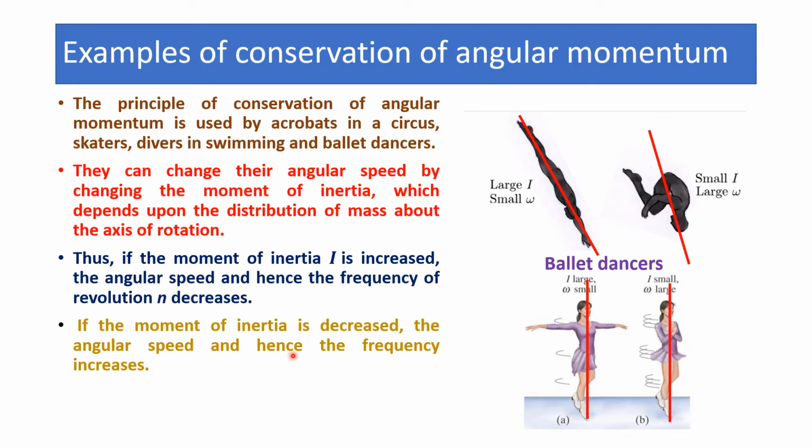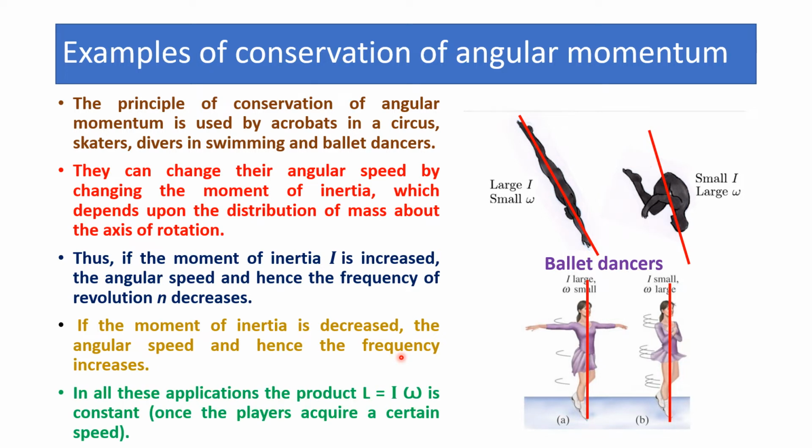As the angular speed increases, the frequency of revolution also increases. In all these applications, the product of moment of inertia and angular speed, that is the angular momentum, is constant once the player acquires a certain speed.